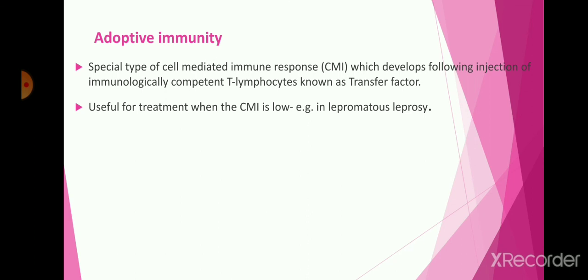Adaptive immunity is a special type of cell-mediated immune response which develops following injection of an immunological component, that is T lymphocyte extract known as transfer factor. It is useful for treatment when the CMI, the cell-mediated immune response, is low, as in lepromatous leprosy.